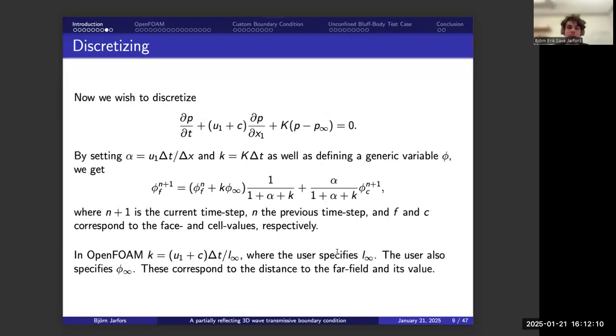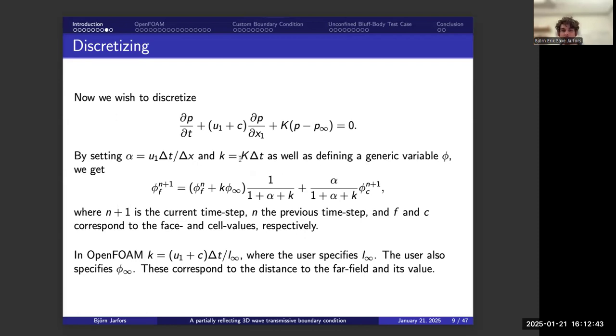Now, if we discretize this by, for example, Euler time discretization and upwind spatial, then we obtain this equation here, where we have the phase value at the current time step equals the phase value at the previous time step plus this K, which is now the same K as previously mentioned.